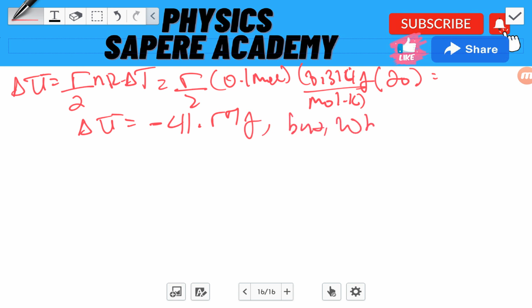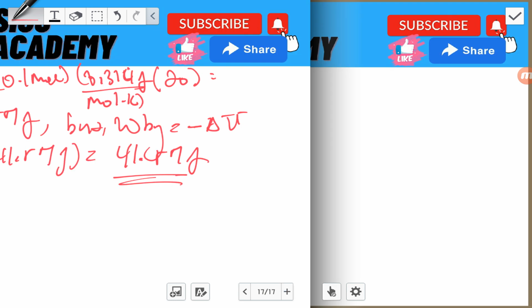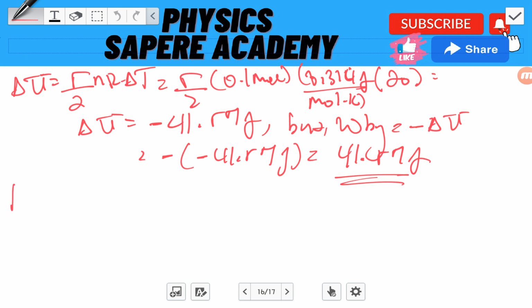But we know that the work done by the gas is negative of change in internal energy. This is negative of negative 41.57 joules, which is 41.57 joules ይሆናል ማለት ነው። at b ላይ ደግሞ what is the heat ነው የሚለው, the heat is going to be 0 since the process is adiabatic.